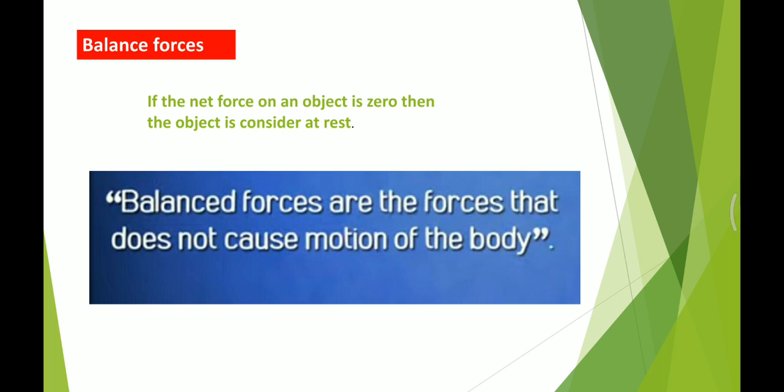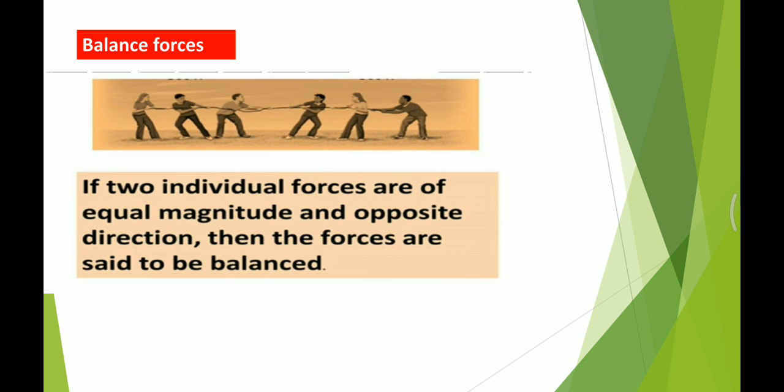Let's take an example of the balanced force. In a game of tug of war, if the force applied by both the teams on the two sides is the same or equal, the rope will not move.